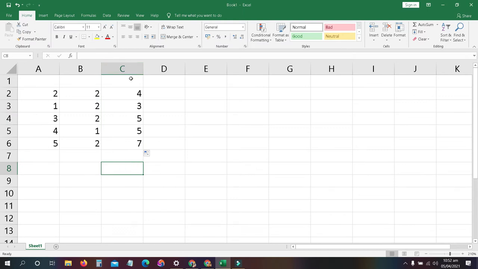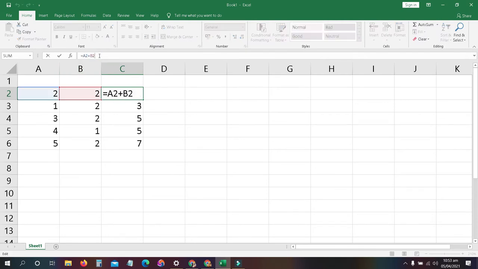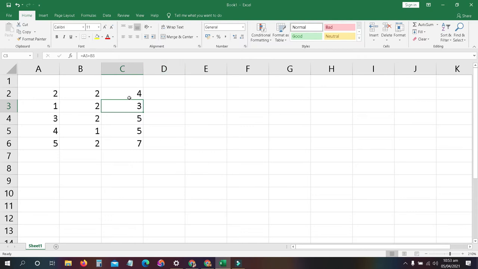If we click that certain cell and look at the formula bar, that's A2 plus B2. It changes in the next cell where the formula was applied. The A2 plus B2 on cell C2 became A3 and B3.